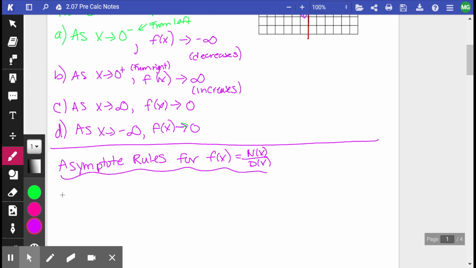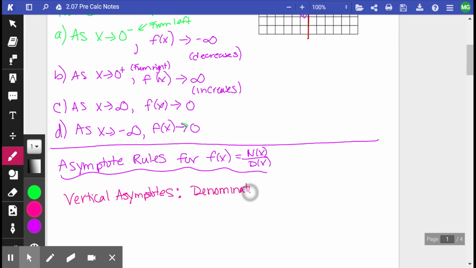So first, let's talk about the vertical asymptotes that you guys are most familiar with. Vertical asymptotes will exist when you set the denominator equal to 0.